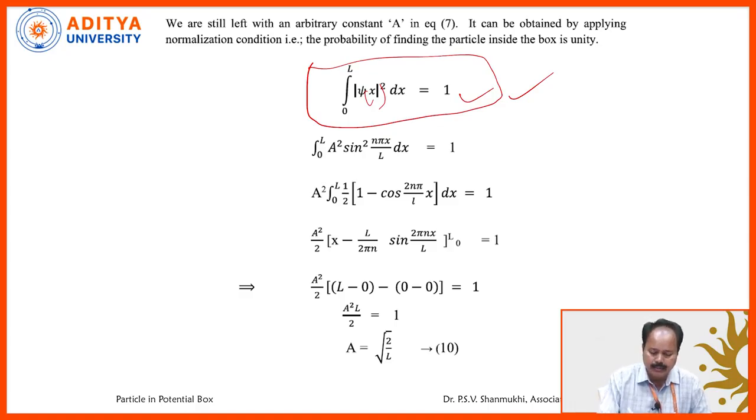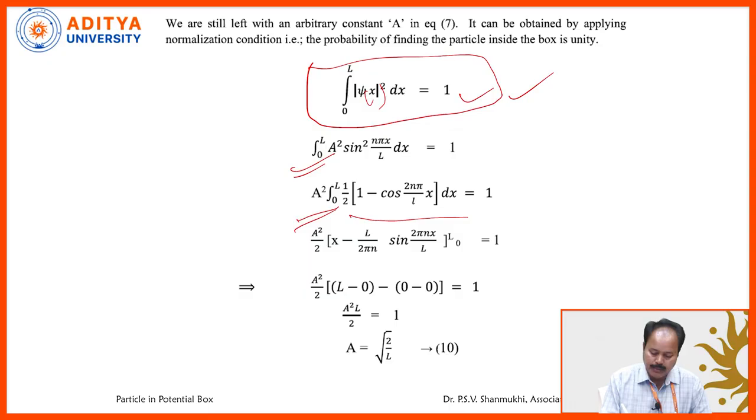A is a constant term, so write A outside the integration. Integral from 0 to L of sin squared theta means (1 minus cos 2 theta) divided by 2. So in this context we get 1/2 into (1 minus cos(2 n pi x / L)).